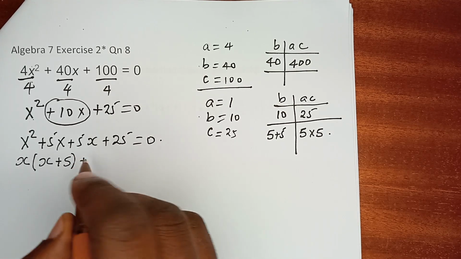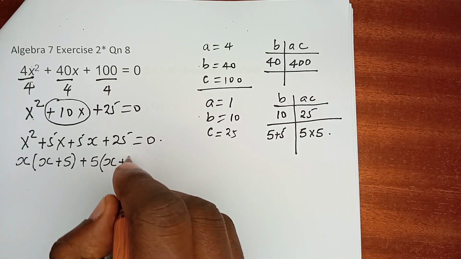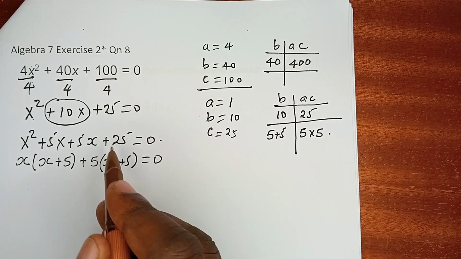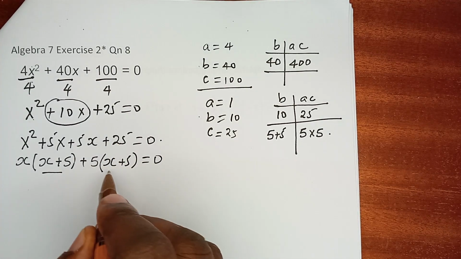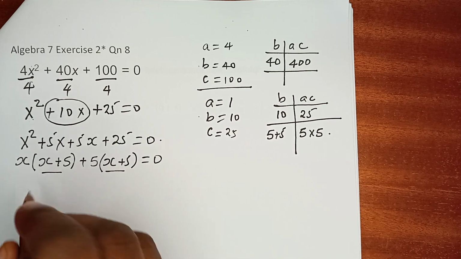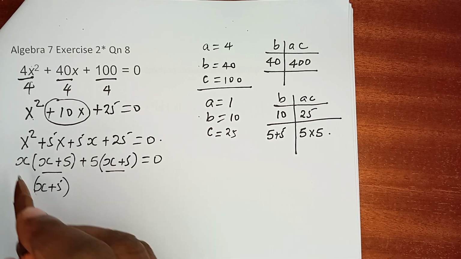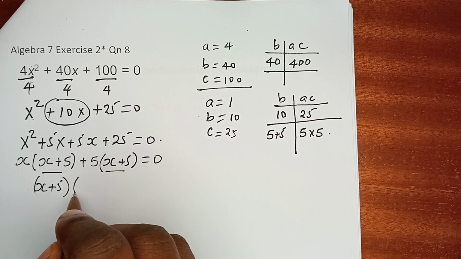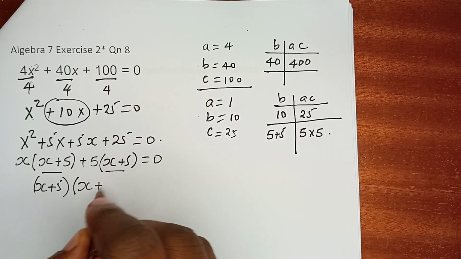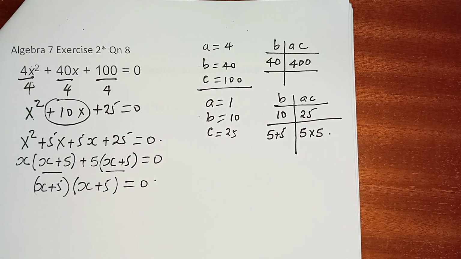Between 5x and 25, 5 is common, giving us 5 times the bracket x plus 5, simply because 25 divided by 5 is 5. And again, you can see that the bracket is common. So we have x plus 5, and then the terms that are outside the bracket form their own bracket here, and the product continues to be 0.